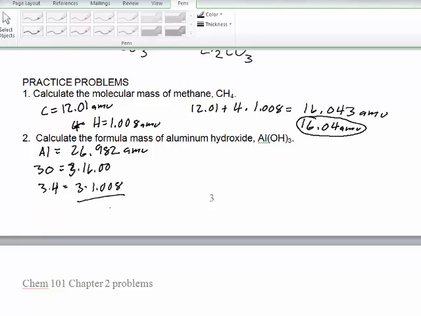We add them all up, 78.006 AMU. So we round that, 78.01 AMU, keeping only 2 decimal places, rounding this 0 to 1 because it's a 6. So that's the mass of 1 formula unit of aluminum hydroxide.